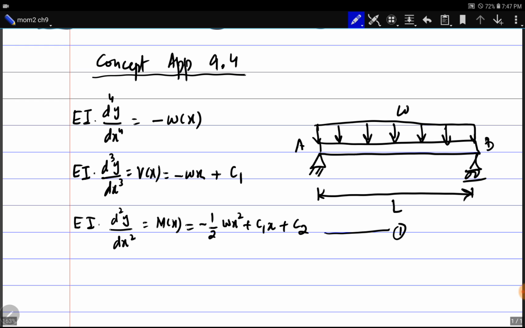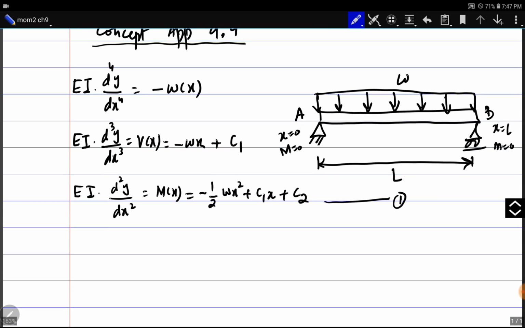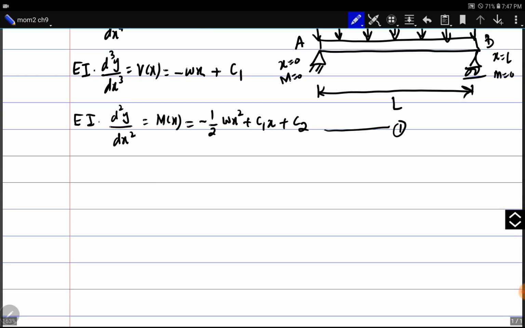Since we have two boundary conditions related to moment, at x equal to 0, moment is 0, and at x equal to length L, moment is 0. Since both these boundary conditions are related to moment, I will directly put these boundary conditions in equation number 1, which is related to moment again. Put x equal to 0 and moment equal to 0 in equation 1.